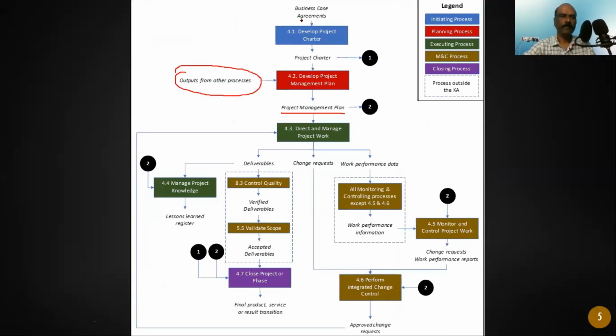And then finally, we also have one process that is mainly done to capture the knowledge in the project. You should capture the knowledge in the project. You should not leave everything sitting inside somebody's mind. Let's say Manik is the project manager.